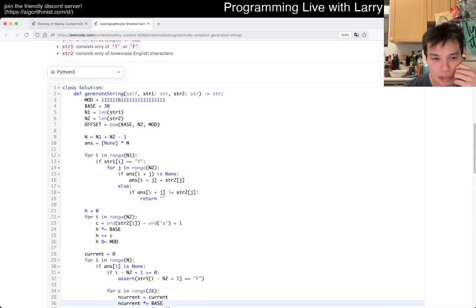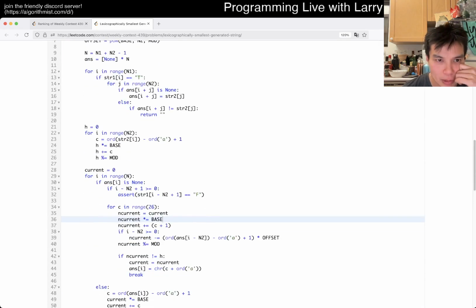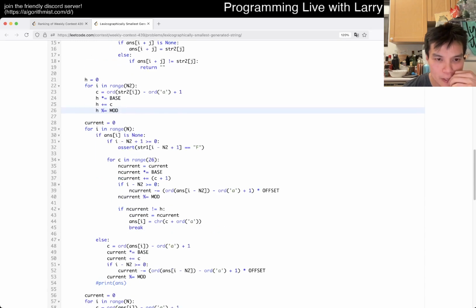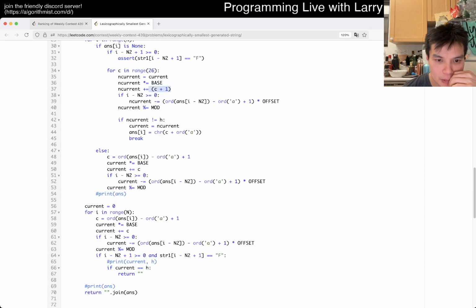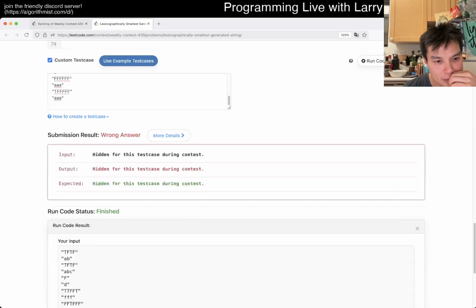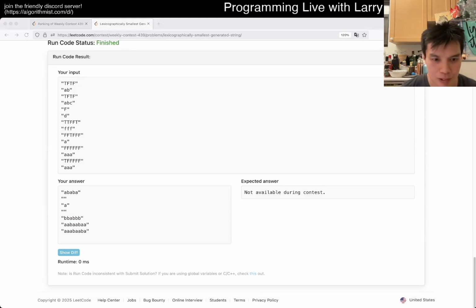I mean, it's fast enough, so at least I don't have to worry about that part. This is getting the entire thing, so that should be right. Did I forget to C plus 1, plus 1, plus 1, plus 1. This is actually very annoying.